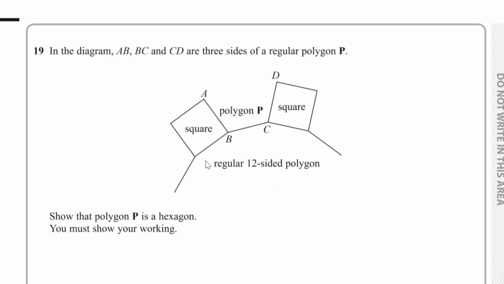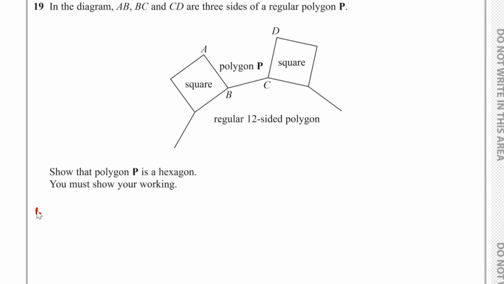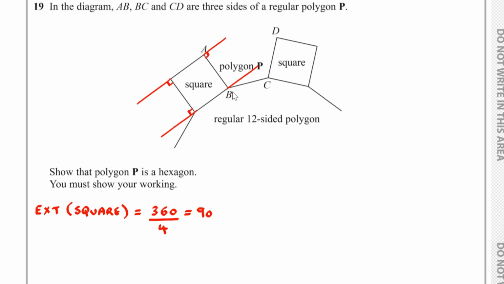So, if we were to find the exterior angle of a square, well, we've got 360 degrees divided by the number of sides, 4. So the exterior angle of a square is 90 degrees. So if I extend this line here, and this line here, and also extend here and here maybe, what you can see is the exterior angles are 90 degrees.